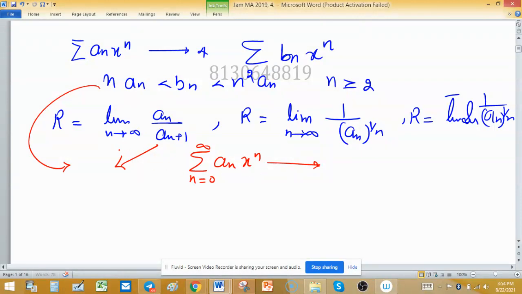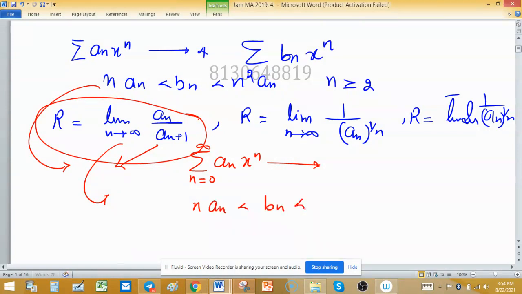So I will use the format R equal to limit n tends to infinity a_n upon a_{n+1} to find the radius of convergence. So a_n < b_n < n² a_n.